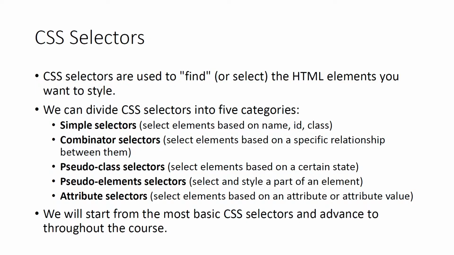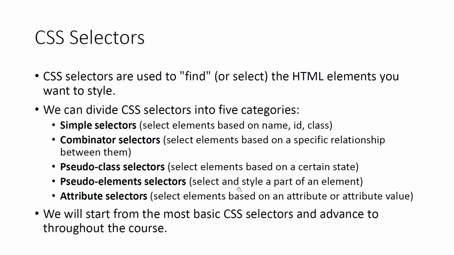Then there is what we call the pseudo class selectors. We use these whenever we want to add style based on a certain state. Say there is a mouse moving on our screen, and it has moved over this, or it has touched this, or it has changed its state to something else. Whenever there is a state change, maybe the page is loading or the page has loaded, then we use the pseudo class selectors.